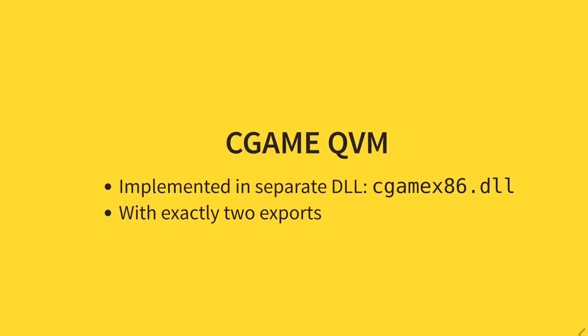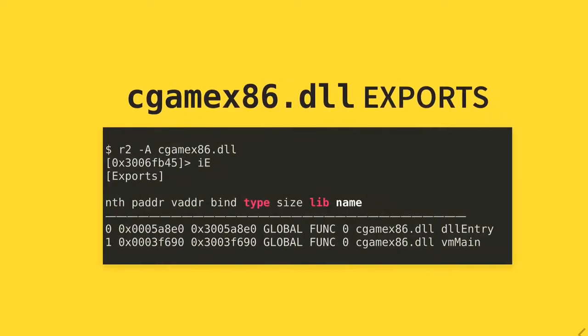The cgame QVM is implemented in the cgamex86 DLL file, and it has exactly 2 exports which you can list using Radare 2. The dllEntry and vmMain exports are helpful when creating hacks.